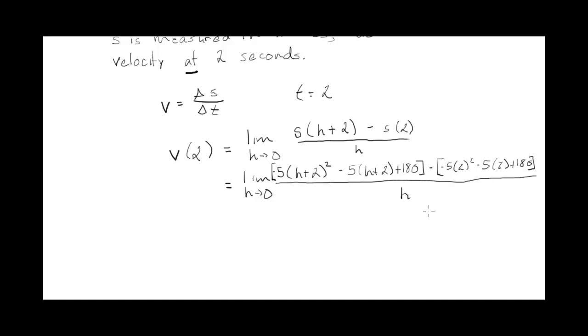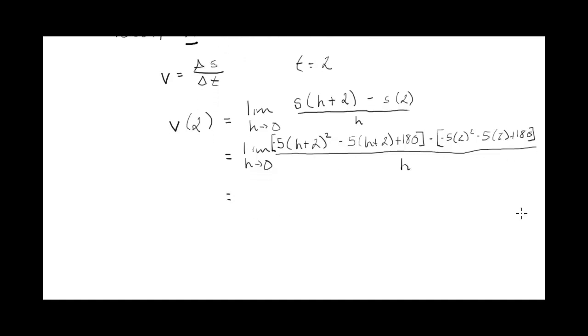h. So now in order to evaluate this limit, you're going to have to expand and simplify this numerator. So let's do that. I'm going to skip some steps here, but h plus 2 squared, you get h squared times negative 5, so you'd have minus 5h squared.